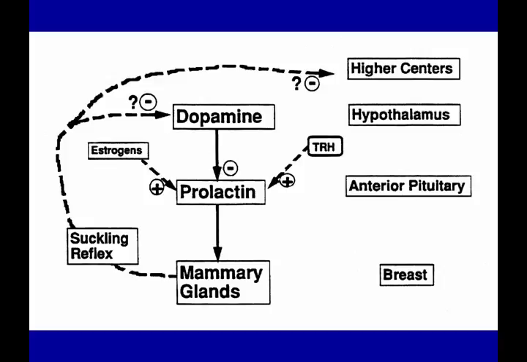And indeed, during pregnancy, when the estrogen levels are very high, the number of prolactin-secreting cells goes up dramatically in the pituitary, enough to enlarge the pituitary and make it grow substantially in size during pregnancy. Also, suckling has some effect on stimulating lactation.